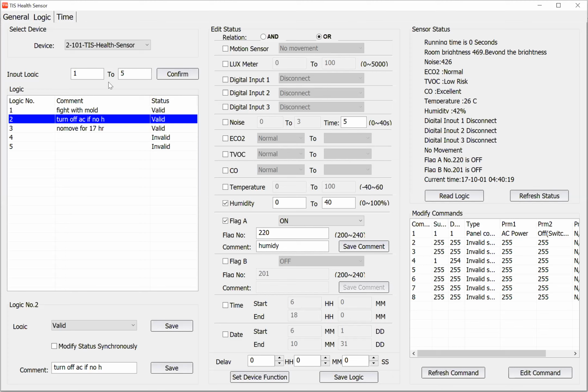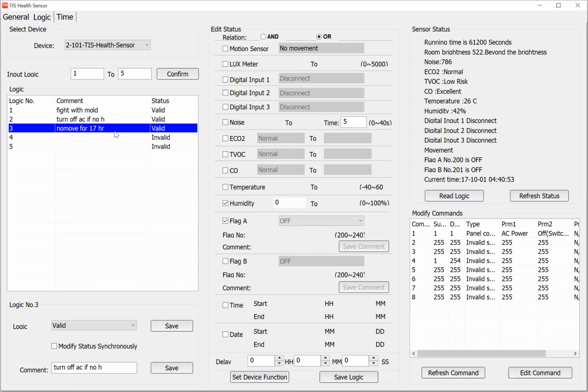But we program that if they are leaving the home and they have forgotten to turn on flag number 220, okay? We said if there is no movement for 17 hours, then turn on flag number 220 and of course turn off all the lights because no one is at home. No, it means that they don't have movement.